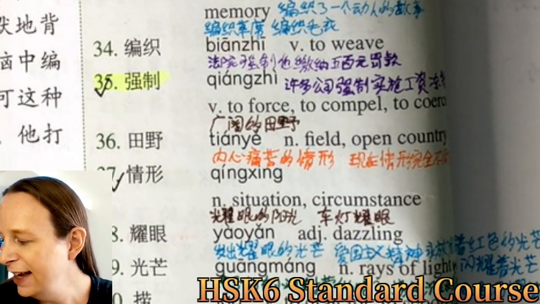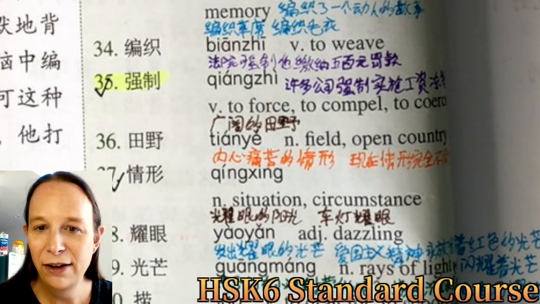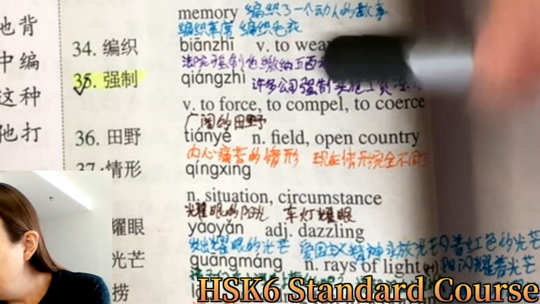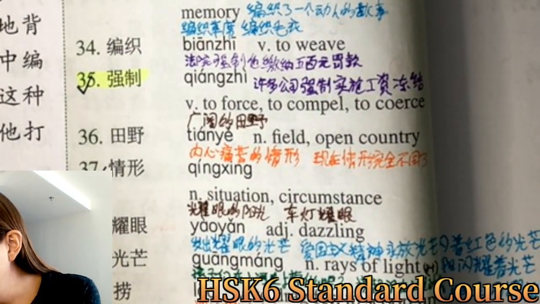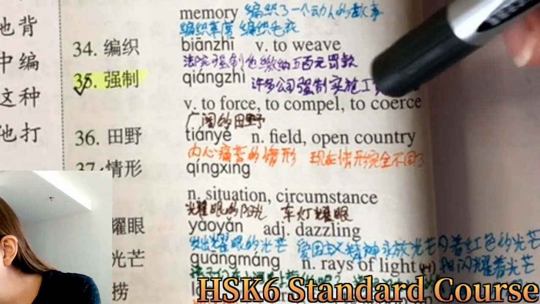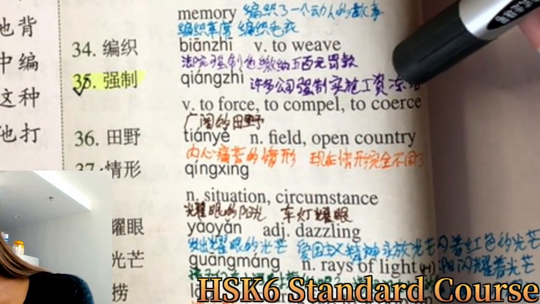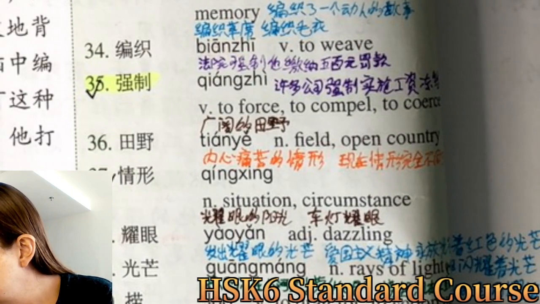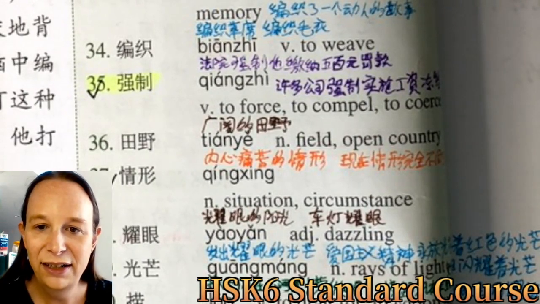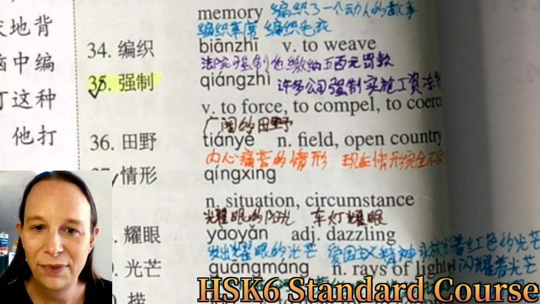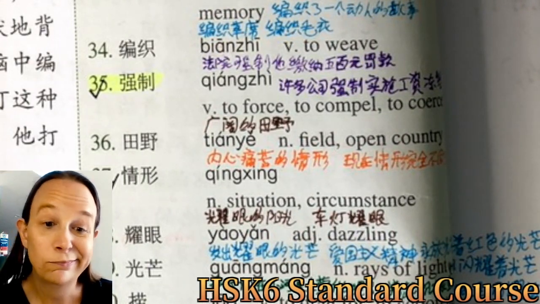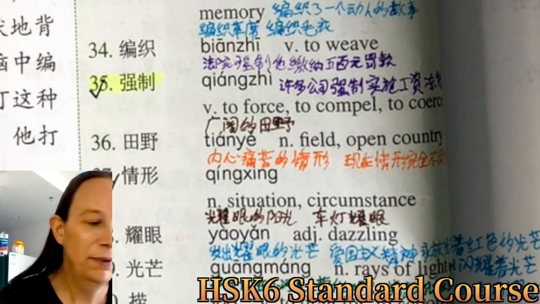But here you're paying a fine. You're paying a fine of 500元, of 500 yuan. 许多公司强制实施工资冻结. I don't know. 强制实施, we're forced to implement an asset freeze. I don't know what context that will come up in.